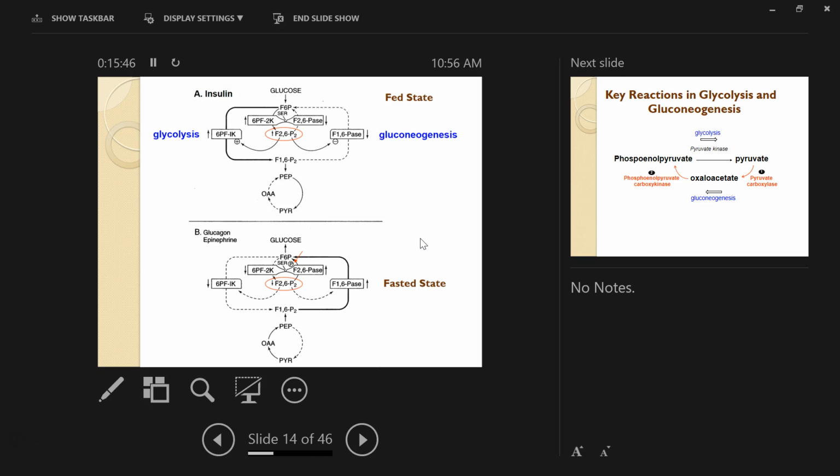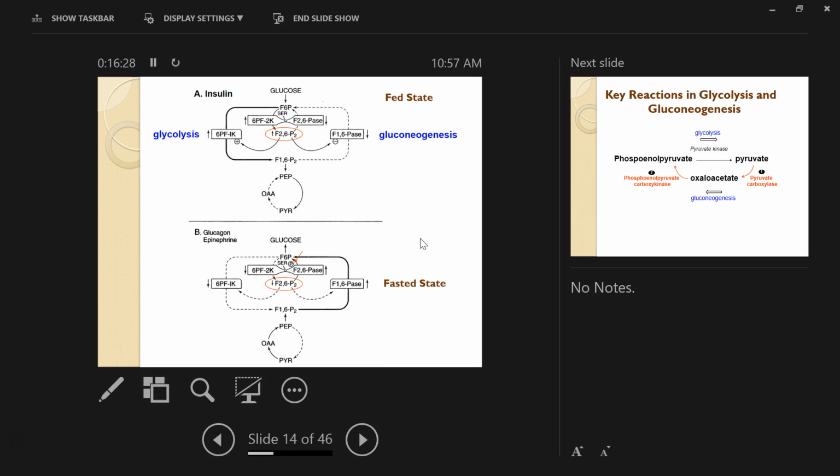Okay, now under the fasting condition, when we have higher glucagon levels, glucagon can regulate the activity of the bifunctional enzyme in the opposite way, right? So it upregulates or increases fructose 2,6-bisphosphatase, but decreases phosphofructokinase-2. And because fructose 2,6-bisphosphatase usually catalyzes the breakdown of the intermediate, this causes a decrease of fructose 2,6-bisphosphate.